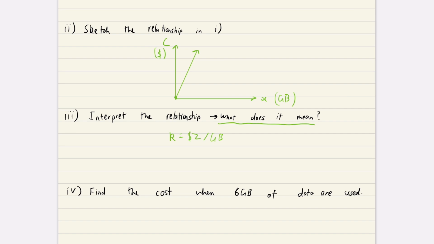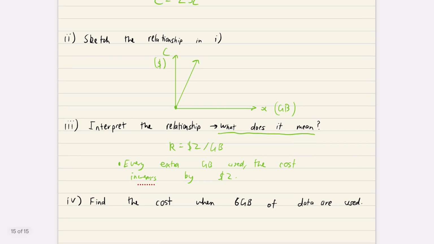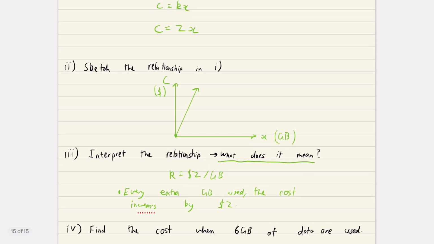So that means every extra gigabyte used, the cost increases by $2. That is essentially what that relationship is saying. So every time you use 1 gig, say this is 1, your cost is at $2.